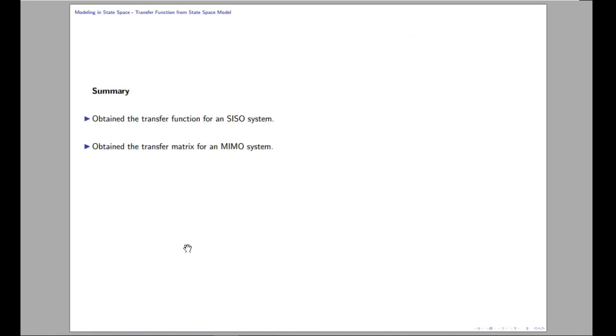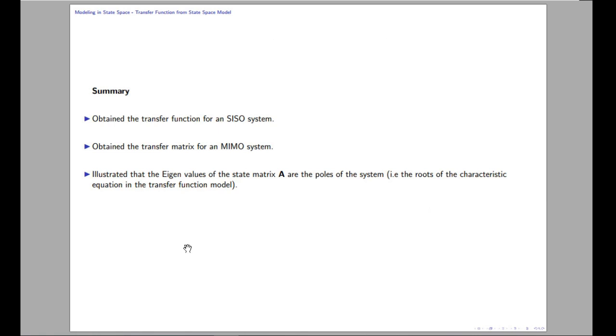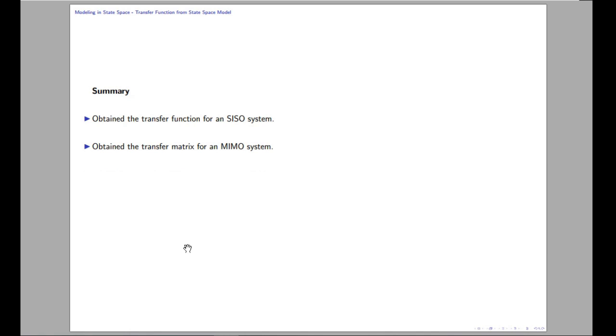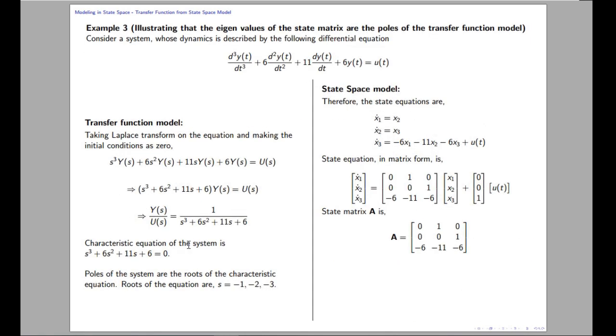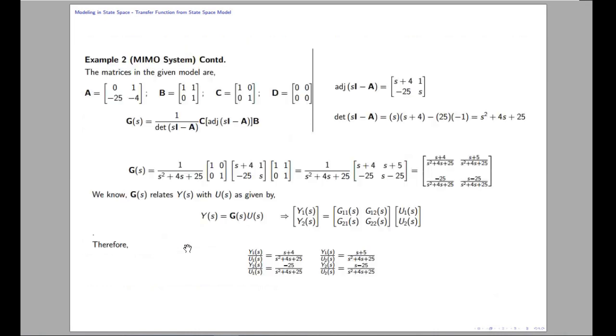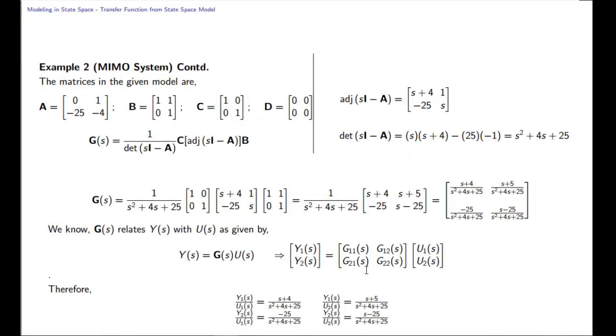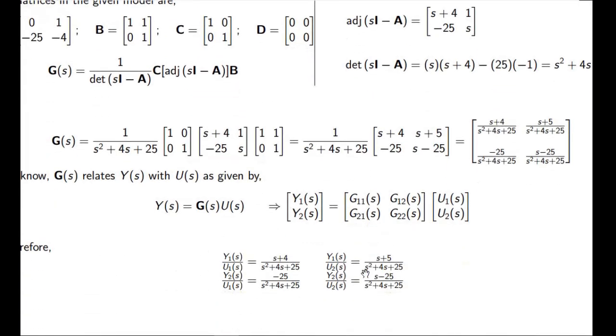What we learned in this lecture, we obtained the transfer function of an SISO system. We obtained the transfer matrix of an MIMO system. So I think one more point I may have to explain in this MIMO system, that is, if you look at the transfer functions inside this transfer matrix, all the denominators are the same.